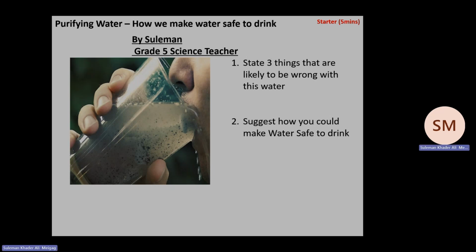So, as you can see from above, there are three things that are likely to be in this water. Can you guess what are the three things that are likely to be wrong with this water?